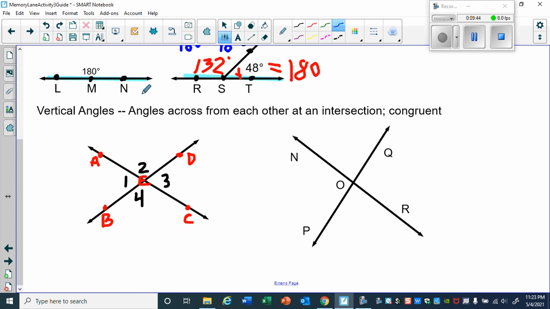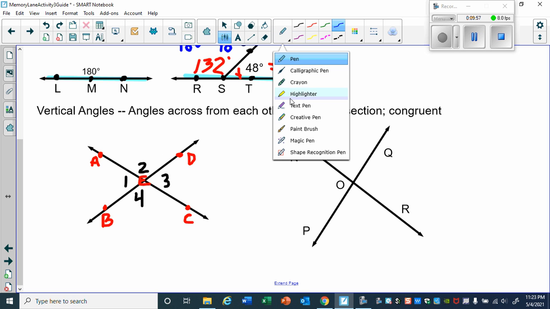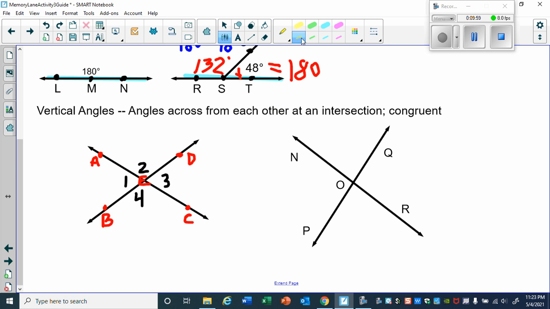Now, vertical angles are angles that are across from each other at an intersection, and they're going to be congruent. So that's why we have this example, AEB, or angle 1. Note that angle 1 is going to be congruent to what's right across from angle 1, angle 3.